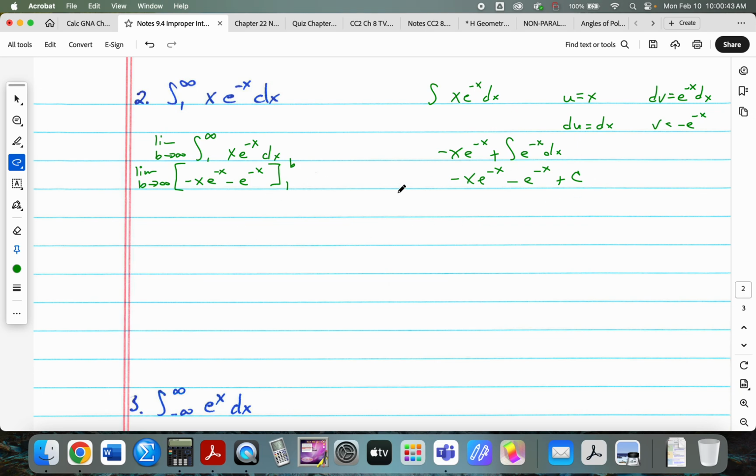That's the reason that I tend to do that. So then this will be the limit as b goes to infinity of negative b e to the negative b minus e to the negative b minus negative 1 e to the negative 1 minus e to the negative 1.